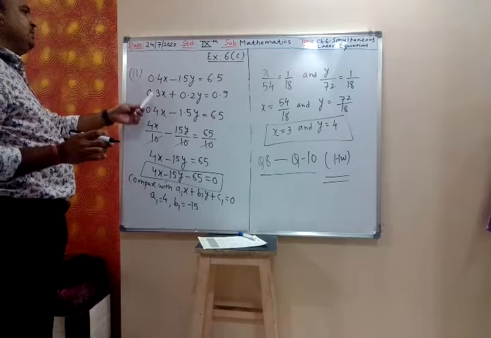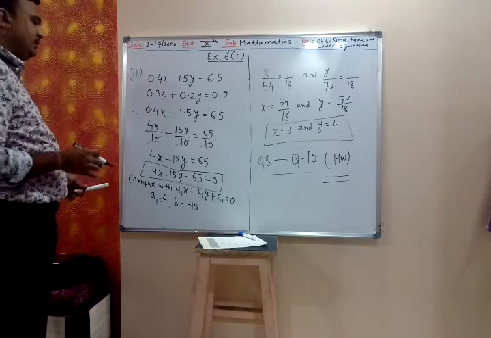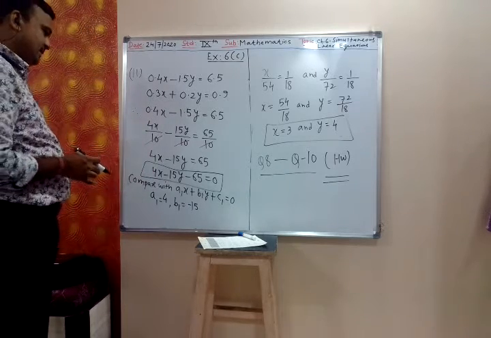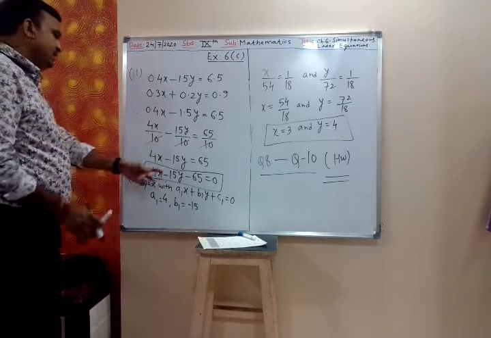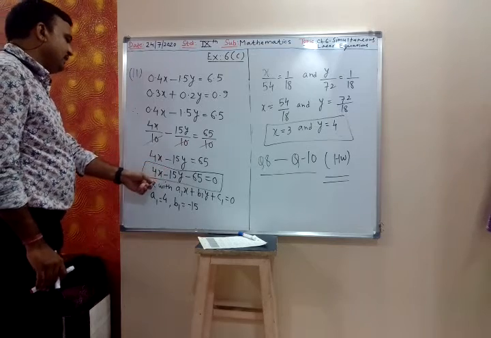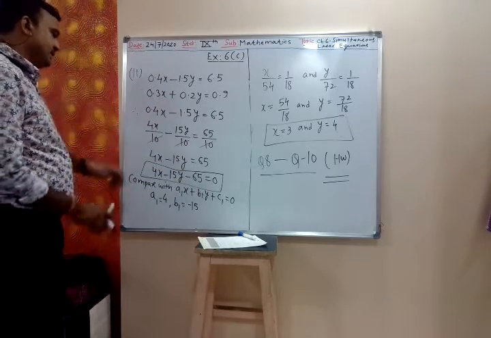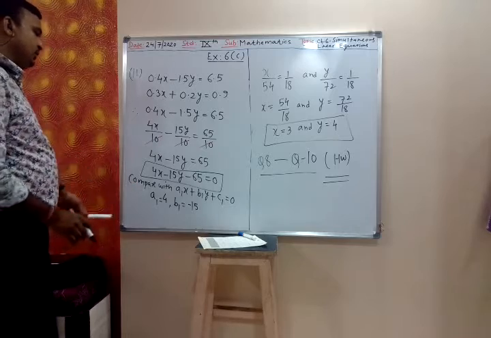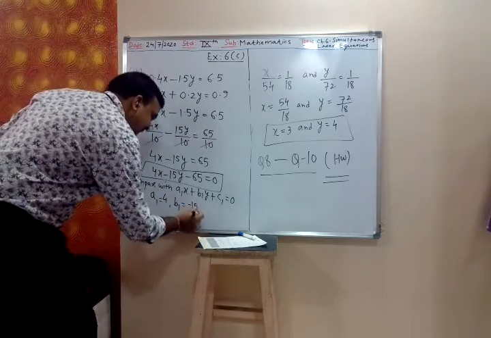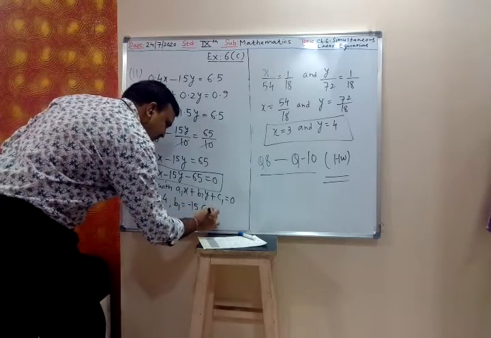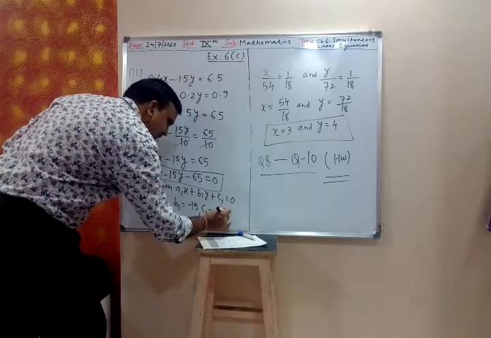If there are 3 terms directly given on the left, then we directly compare with a1x plus b1y plus c1. No need to simplify. So a1 is 4, b1 is minus 15, c1 is minus 65.